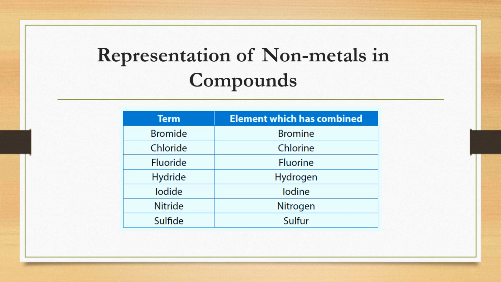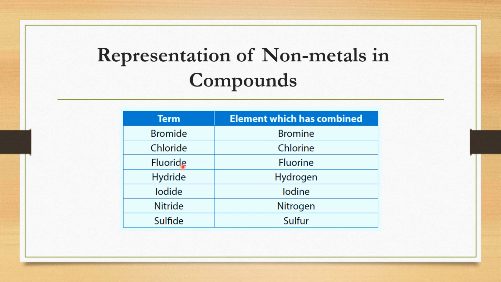As you may have noticed in the previous example, the term oxide refers to oxygen which has combined with another element. The table shows the term used to represent other nonmetals in compounds. For example, bromide represents bromine which has combined.